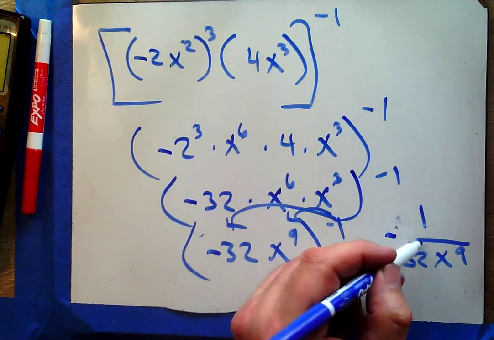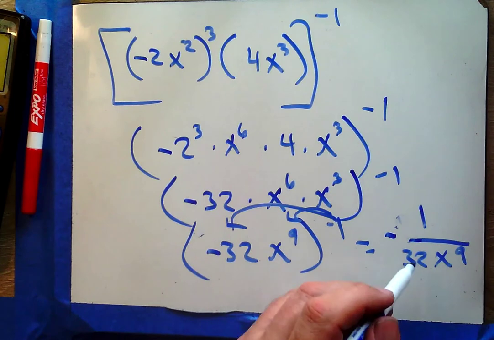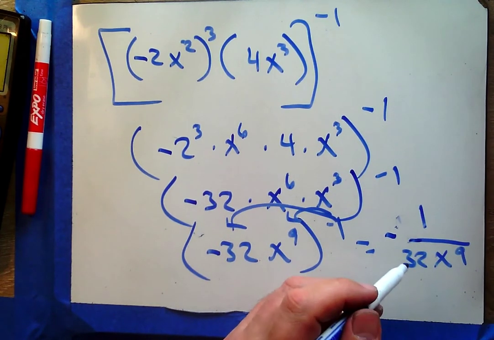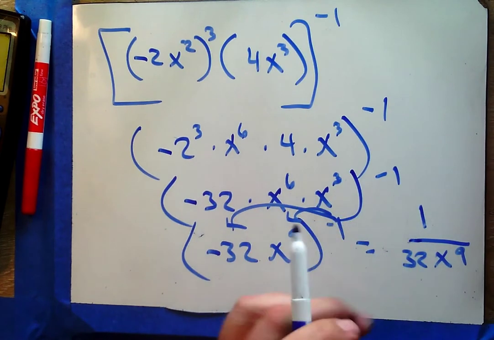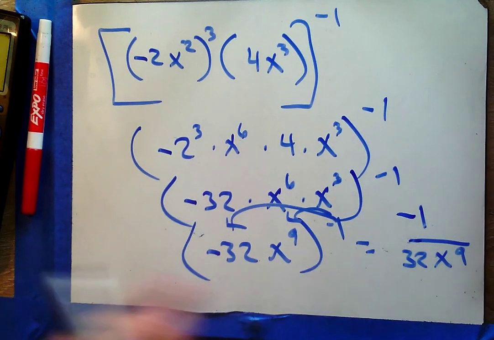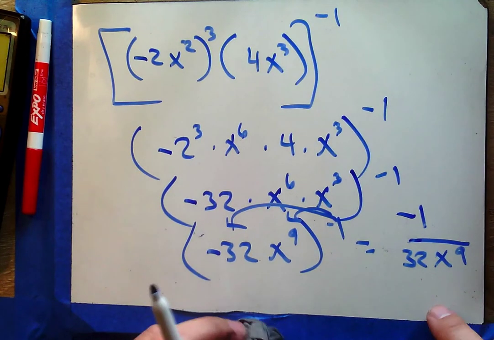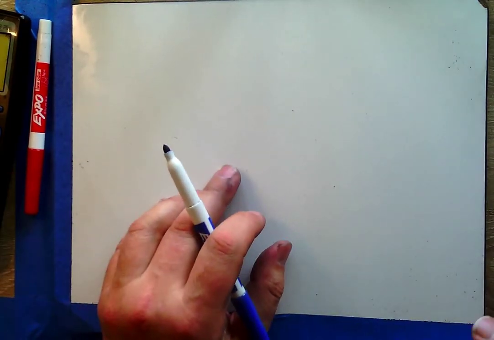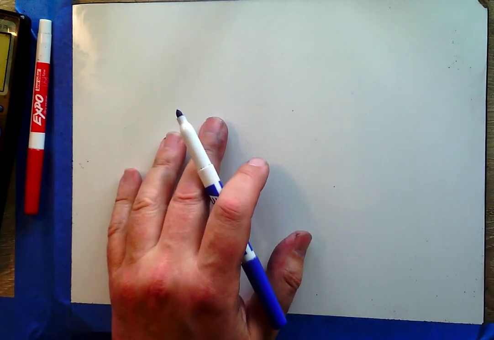The reason why I keep saying that is because sometimes students don't know that they can put that negative wherever they want. And they see it in a place where they wouldn't put it, and then it confuses them. So I'm just telling you, your middle school math teacher tried to tell you, you can put that negative on top, on bottom, out in front, but not all of those places. One of those places is what you can do.